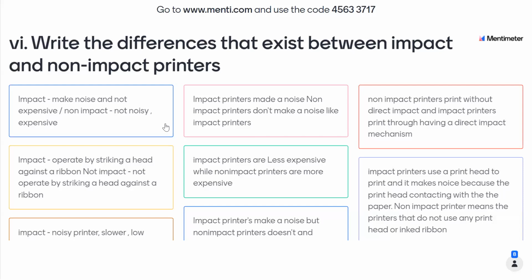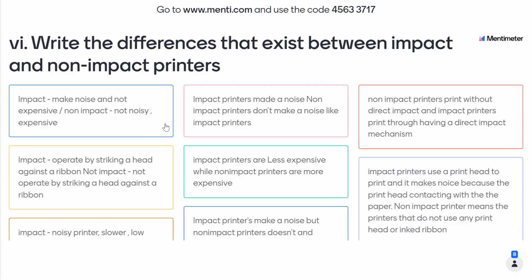And remember, impact printers are very expensive. If you take the dot matrix printer, it's very expensive compared to an inkjet printer, right? But the cost for a print is very low for an impact printer.